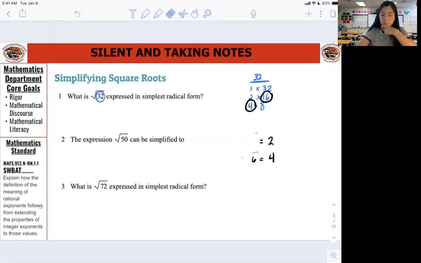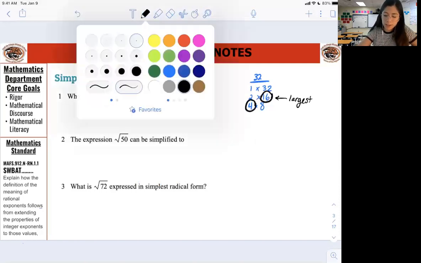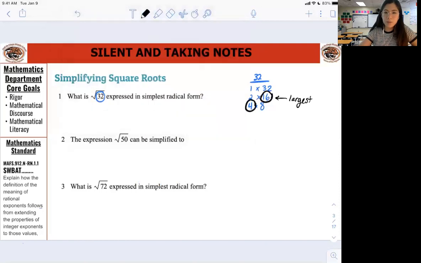Now I'm going to take the largest one, the 16. This is my magic number, 16 times 2. I'm going to rewrite this as 16 times 2, because 32 is just 16 times 2. So I'm just rewriting it. But then I can split this up.